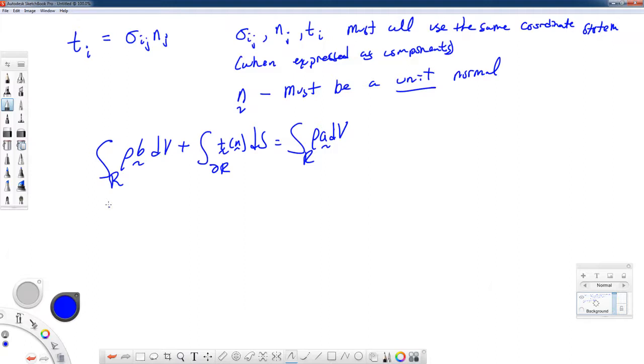You can write this again, but now in terms of traction vector components.